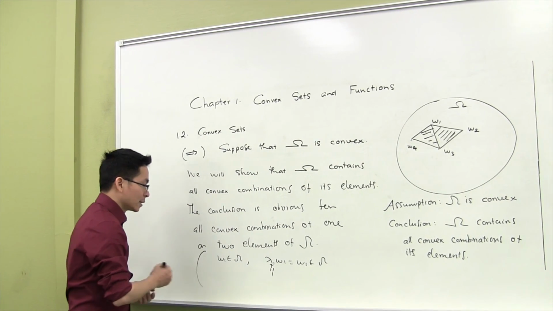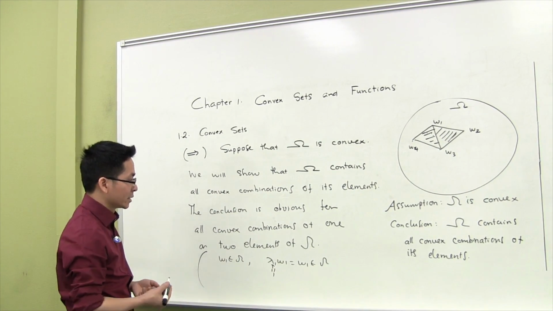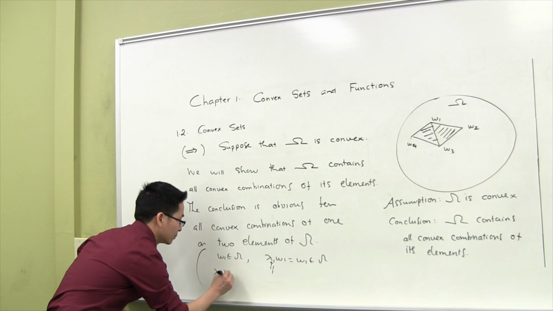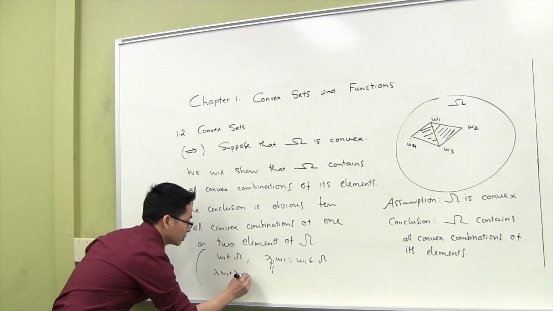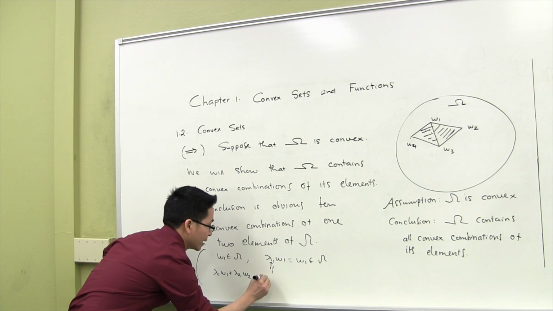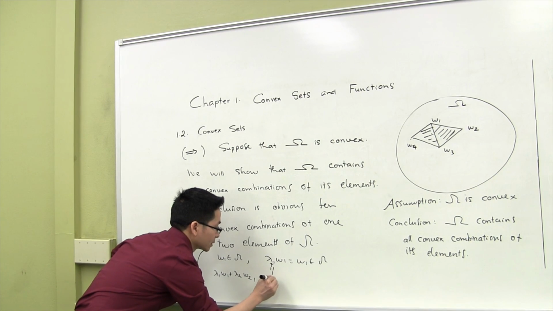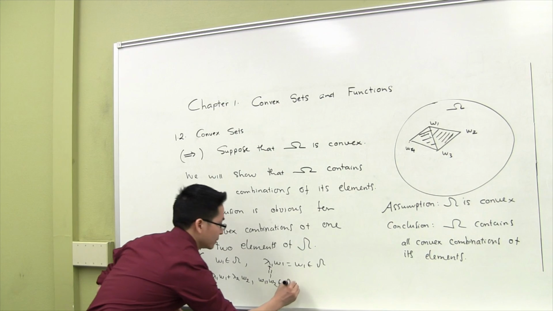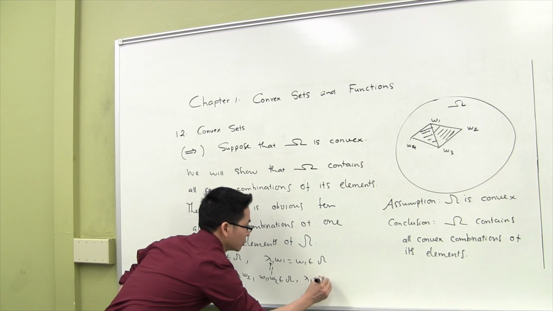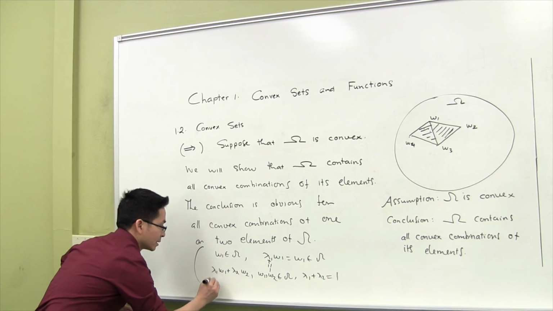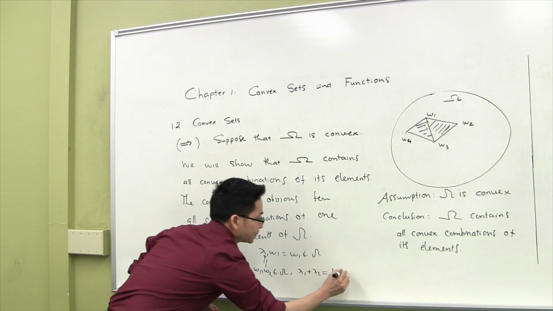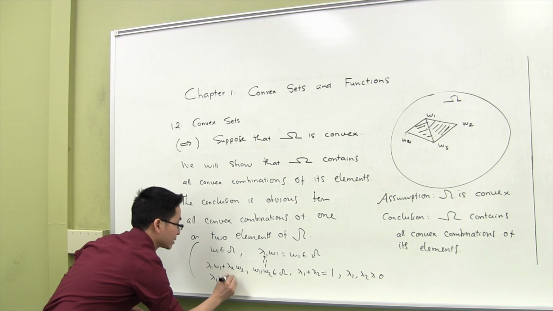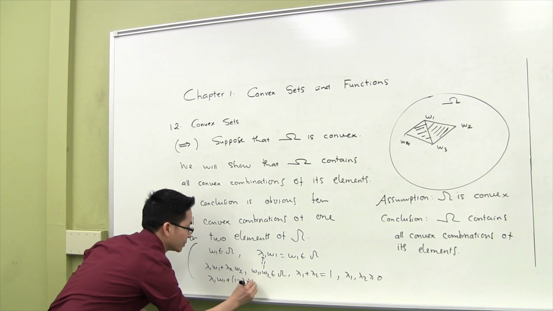Now if we look at all convex combinations of two elements of omega, of the form lambda 1 W1 plus lambda 2 W2, where both W1 and W2 are in omega, we can see that because lambda 1 plus lambda 2 is equal to 1, this is just lambda 1 times W1 plus (1 minus lambda 1) times W2.